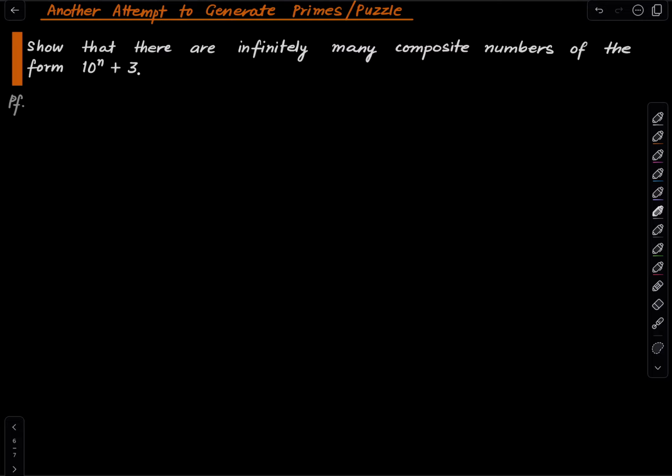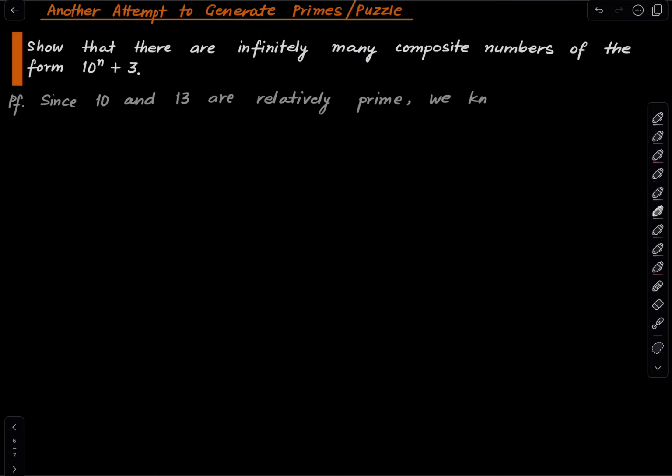We see that GCD of 10 and 13 is 1, since 10 is relatively prime with 13. We know that 10 has some order modulo 13.